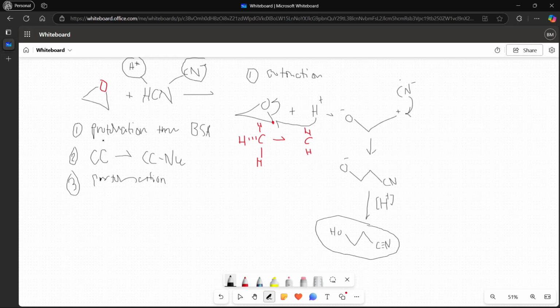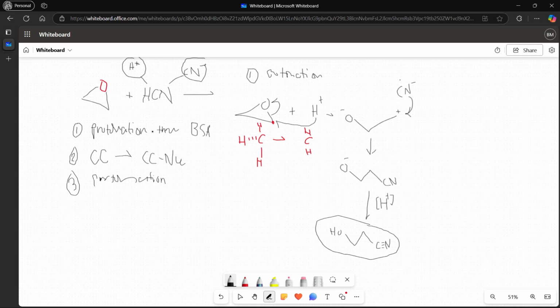Okay, so firstly, as a recap, the first step of your epoxide ring opening is the protonation of your most substituted carbon, so over here. And once that is attacked, another electron jumps onto this carbon, and it frees up the carbon.